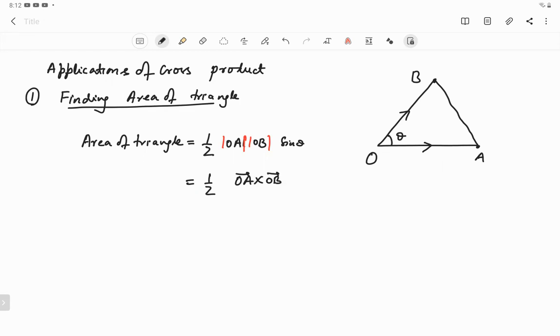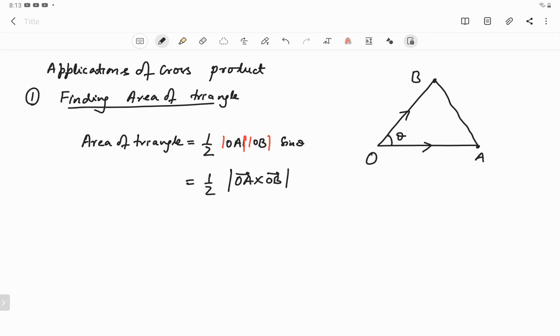But we can recognize it as OA cross OB. Since area is a scalar quantity, we are not concerned with the vectorial effect of the cross product. We are just interested in the magnitude of the cross product. So the magnitude of OA cross OB, divided by 2, can help us calculate the area of a triangle.